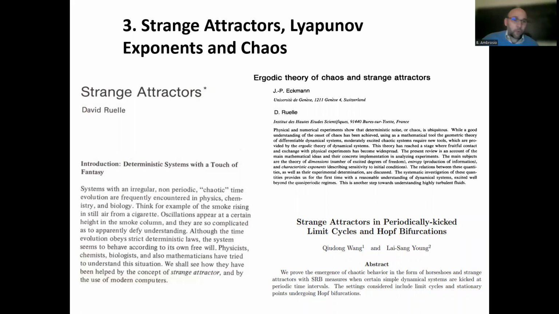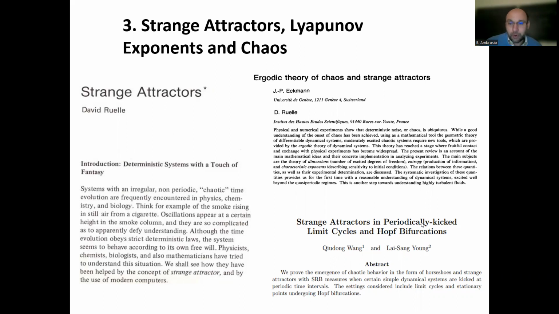So the next point is just to go through some papers. So you can just look at the definitions of what is a strange attractor, have a look at the concepts introduced in this paper.